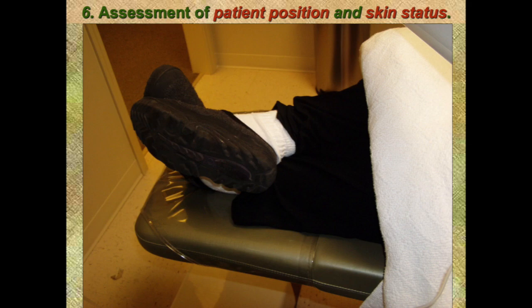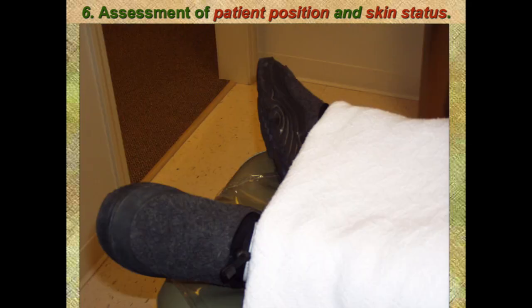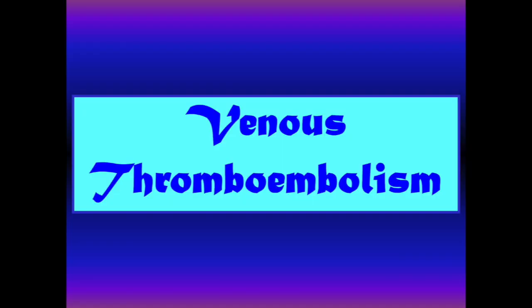Patients, as they fall off to sleep, will do that, which is going to decrease the circulation to the legs. So the legs should be apart and they should have something underneath their knees to take pressure off and provide circulation down below. But if they do cross their legs, they can develop venous thromboembolism.